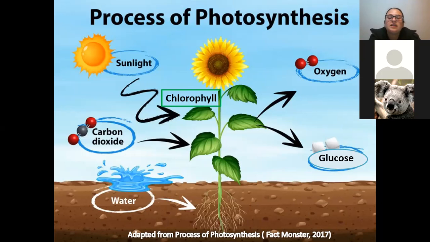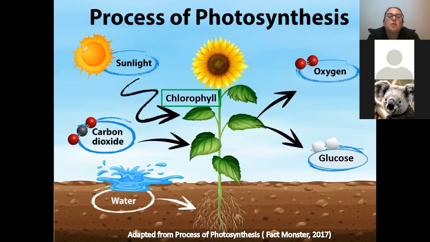Chlorophyll is the pigment found inside the green parts of plants. It is the pigment that enables the plant to absorb the sunlight. It also gives plants a green color. It's a green pigment, which is why we say that the green parts of the plant are the location of photosynthesis, because they require chlorophyll.